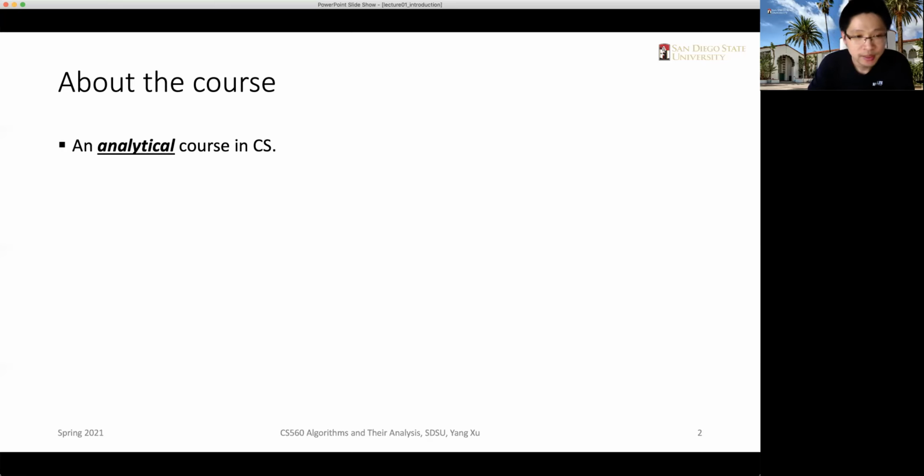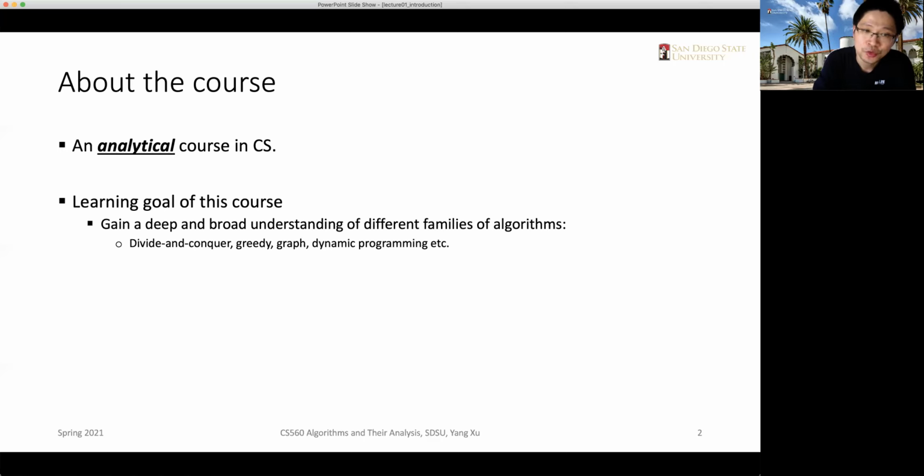The learning goal of this course is to understand different types of algorithms, or different families of algorithms. Based on the structure of the textbook we use, we can categorize algorithms into different families, like divide and conquer, greedy, graph, dynamic programming, and so on.